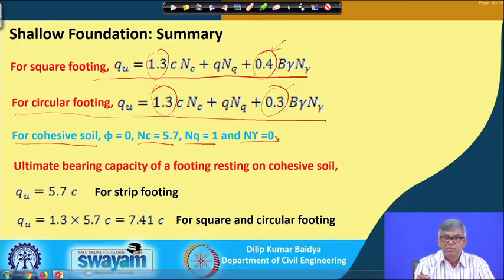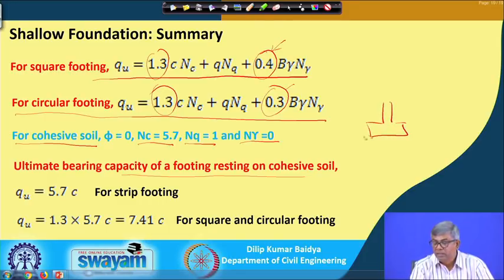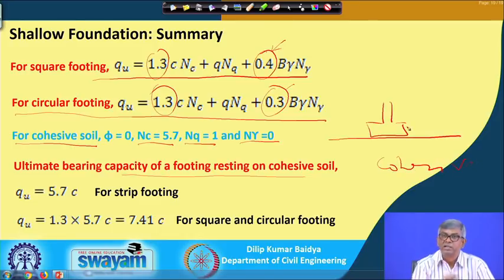If I use those in the appropriate equation for the ultimate bearing capacity of a footing resting on cohesive soil, that means this is the footing and the soil is this and this is cohesive, then the surcharge part is not there, since Q is 0, and since N gamma is 0, the third part will also not be there.